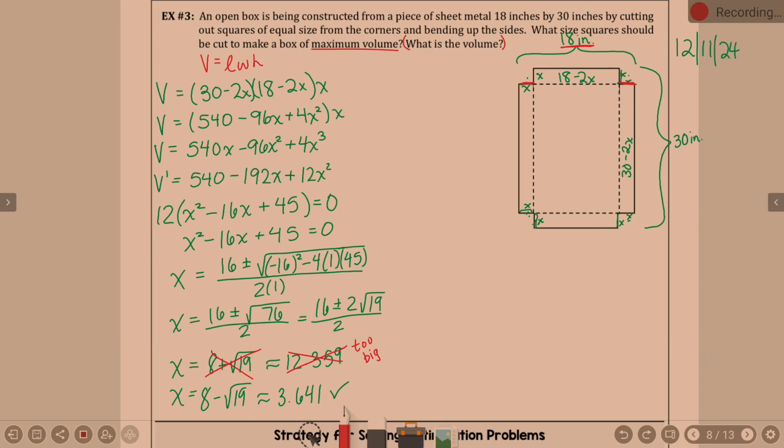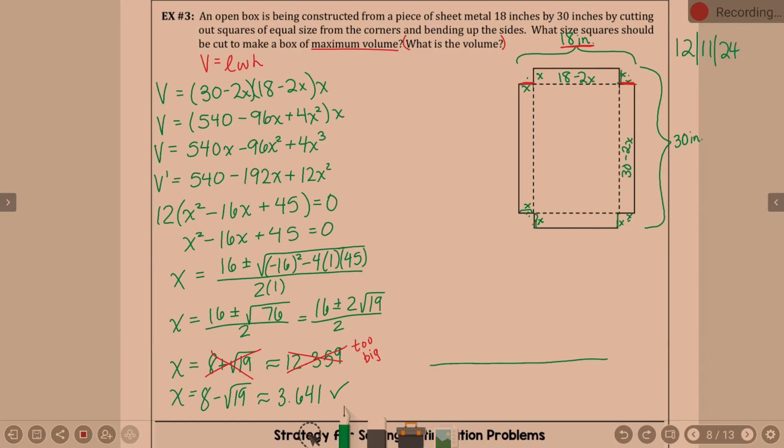Now, with that in mind, we need to be able to show we're trying to maximize volume. Is volume truly maximized at 8 minus the square root of 19? How do we talk about that?